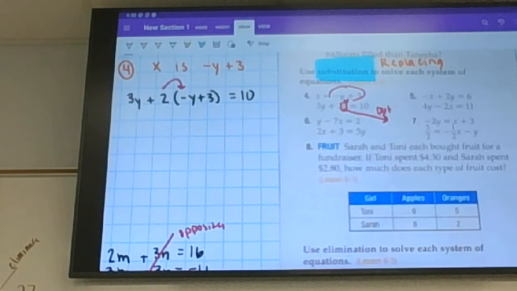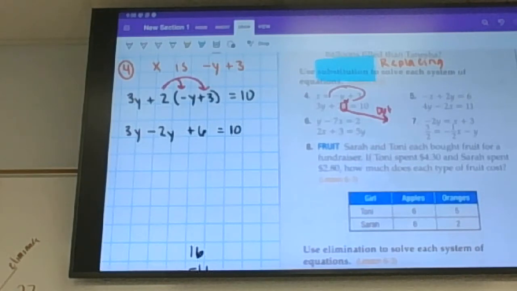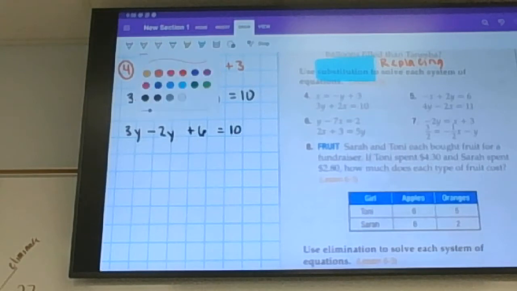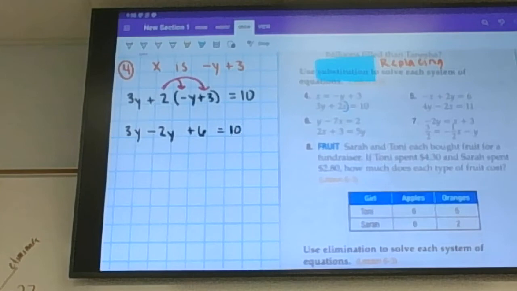I'm going to distribute this 2 into the parentheses. Combine like terms. 3y, take away 2y is 1y.